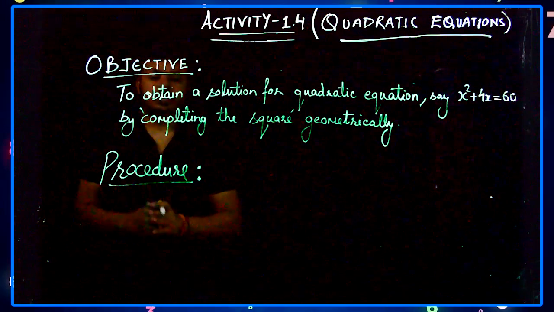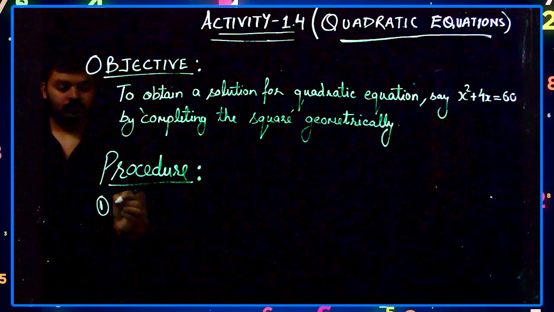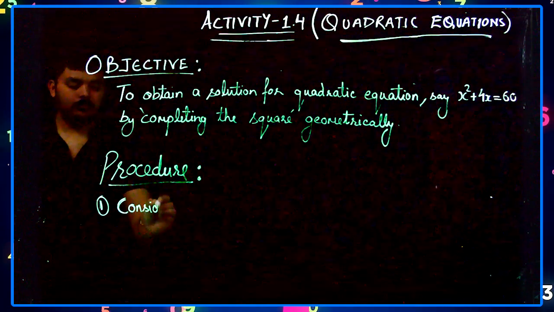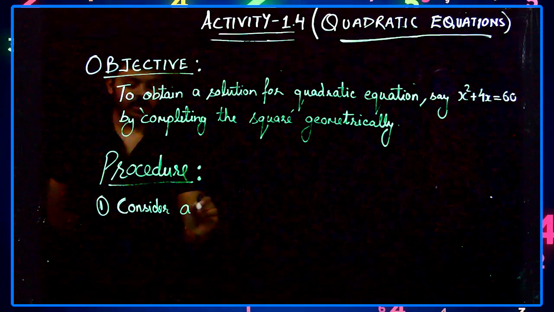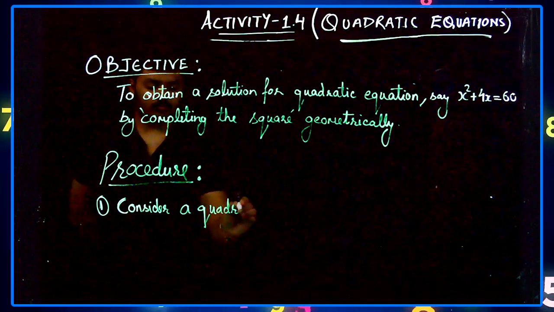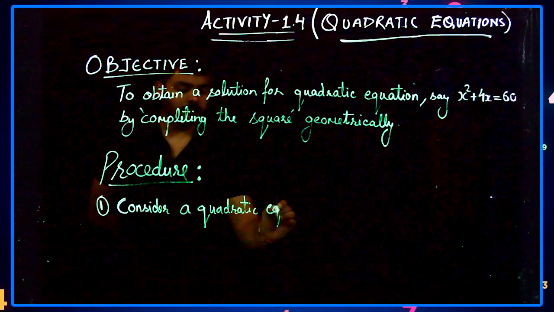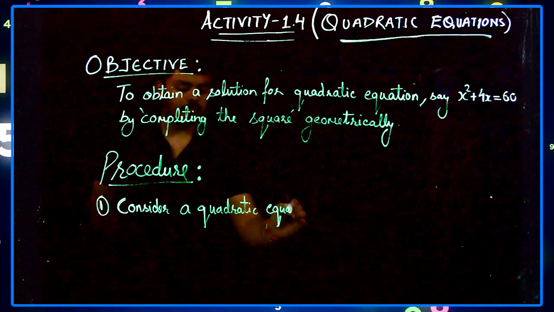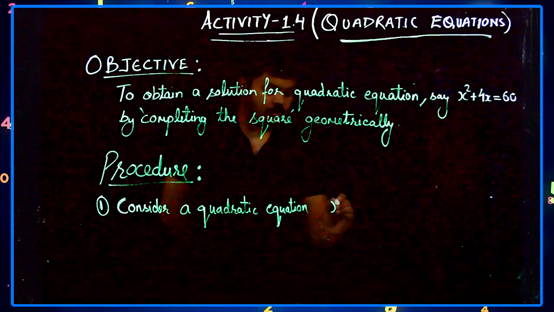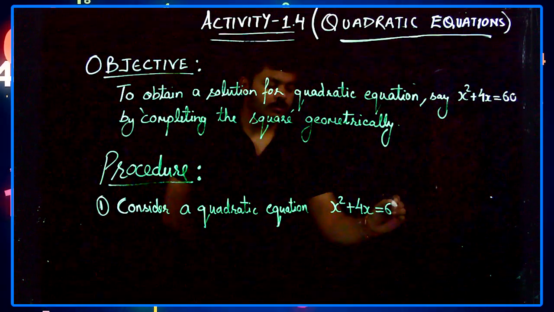So the procedure for the given activity is: first, step 1, consider a quadratic equation x square plus 4x equals to 60.